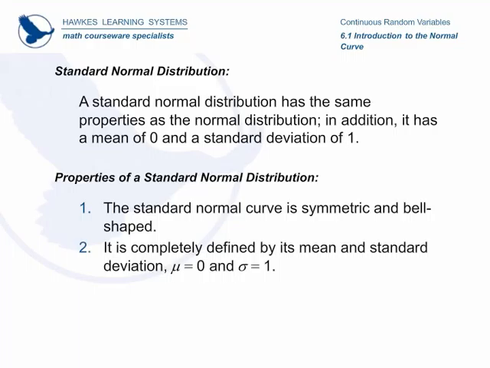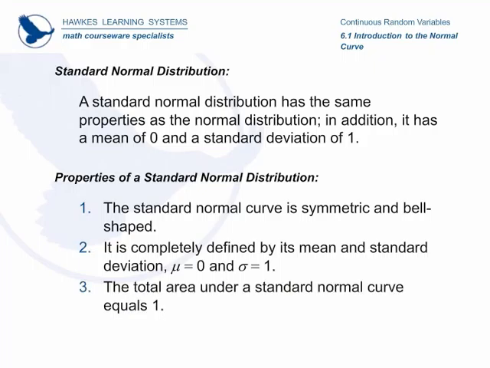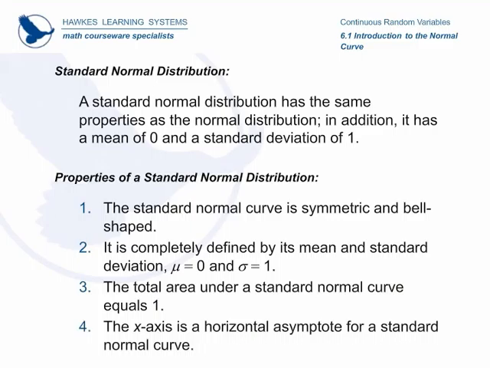It is completely defined by its mean and standard deviation. The mean equals 0 and the standard deviation equals 1. The total area under a standard normal curve equals 1. And lastly, the x-axis is a horizontal asymptote for a standard normal curve.